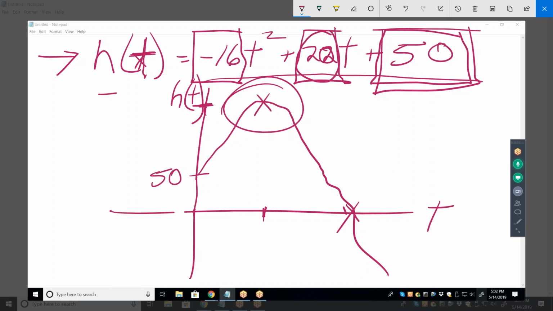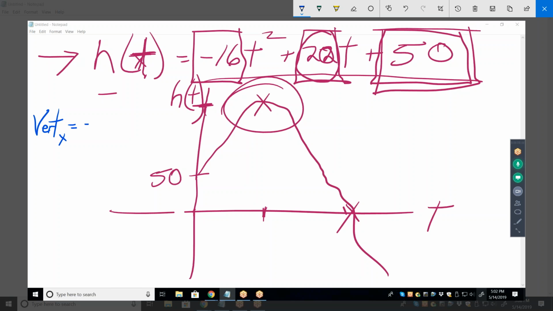Now, we didn't talk about this yesterday, but do you know how to find the vertex from a quadratic in this form? Is it using the quadratic formula? No, what we're looking for is the vertex. I'm not sure then.